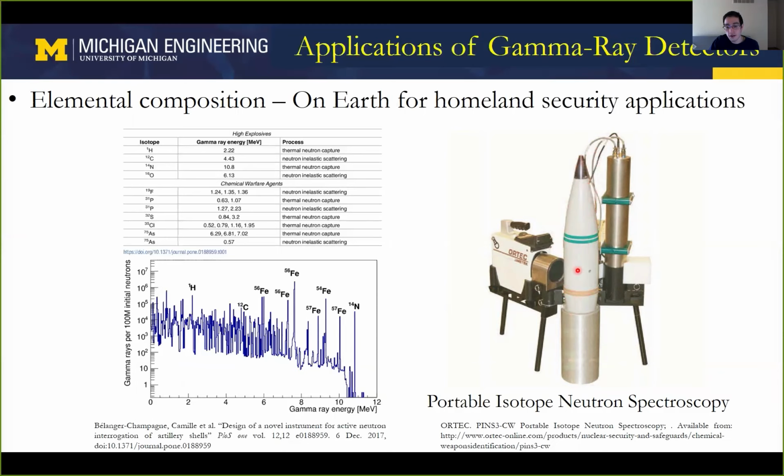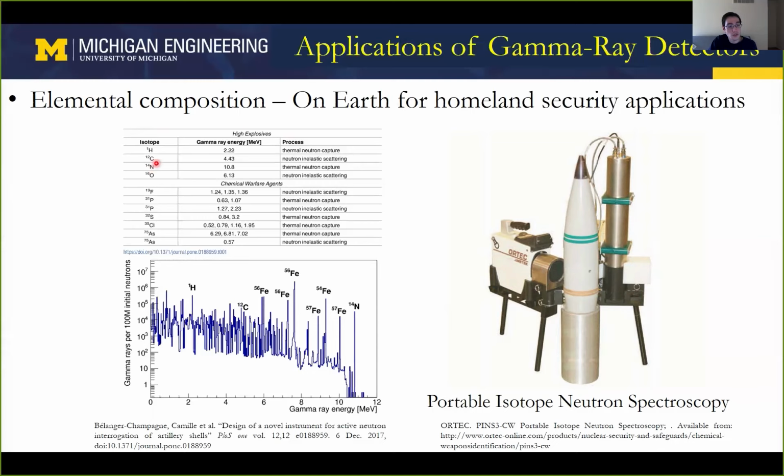When the neutrons interact with the target, they get captured, or some kind of gamma ray gets emitted. When this gamma ray gets emitted, it's detected by the gamma ray detector. And using what gamma rays come out, you can use these different signatures to try and estimate what the actual target is.